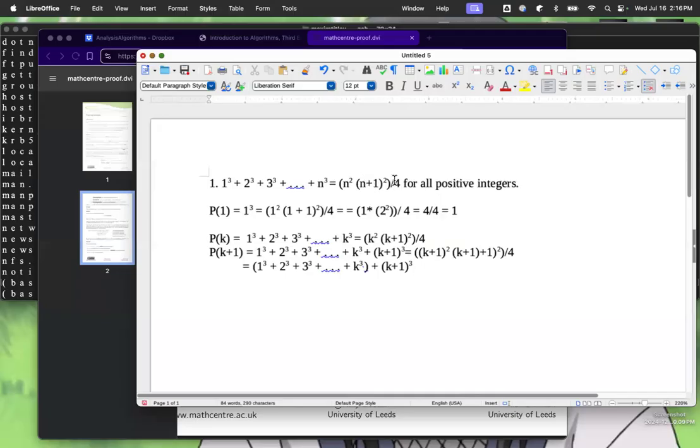Here I have K plus 1 cubed. I'm sorry, here I have M plus 1. So that's not what I want to write. Okay, this was P of K. So I need to show that this here plus the K plus 1 are one and the same. All right, so here's what I'm going to do. K plus 1 squared is going to be as follows. It's going to be this guy right here.